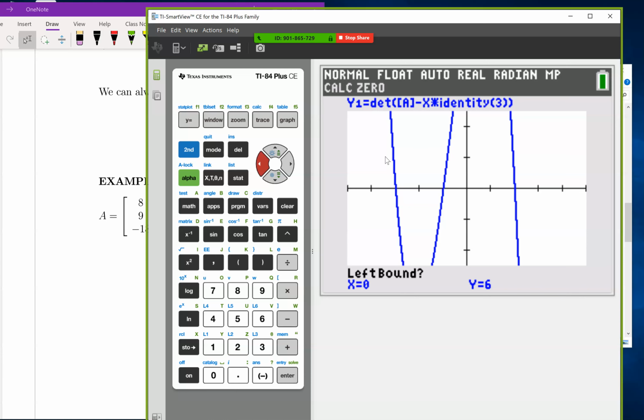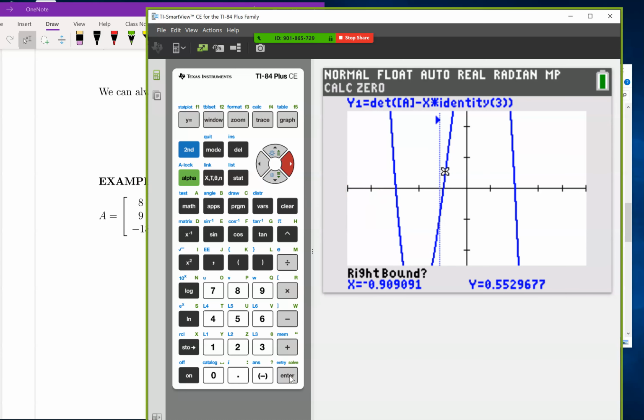The first thing you have to type in is the left bound. Let's say I want to find this one that looks like it's at -1. You move your cursor to the left a little bit, hit enter. Move your cursor to the right a little bit, hit enter. And then put it where you guess and hit enter. So it really does look like it has a zero here at -1.